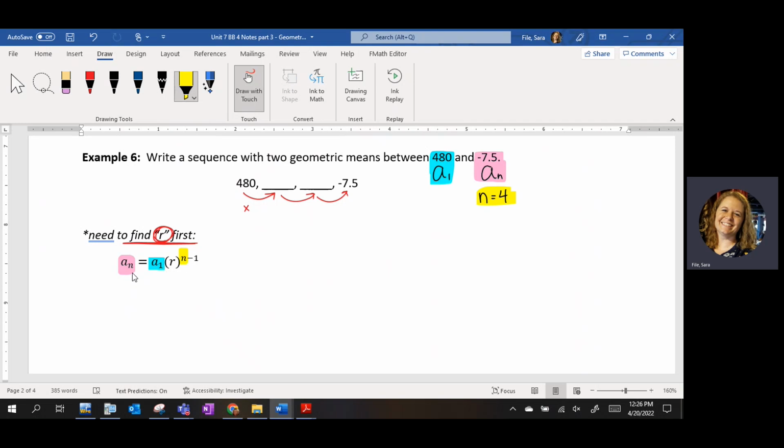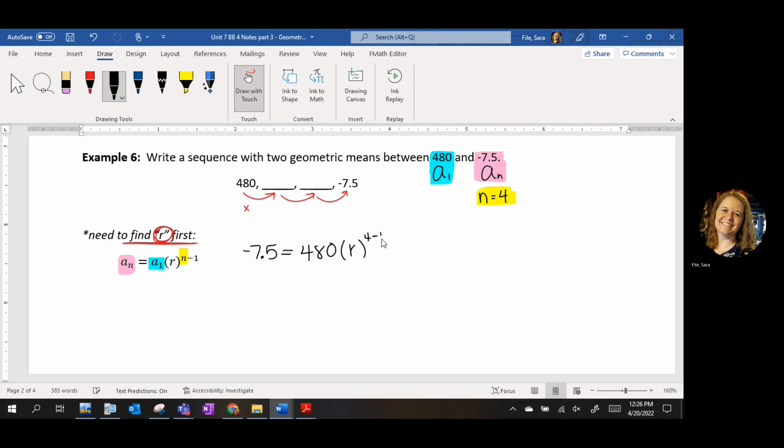So we're going to work this backward to find R. So this is negative 7.5 equals 480 times R to the 4 minus 1. So same thing we did on the last problem, where we divide out the coefficient. So we're going to divide out 480.